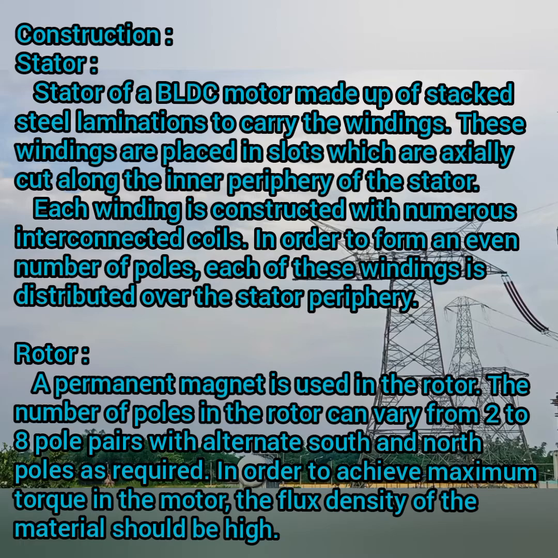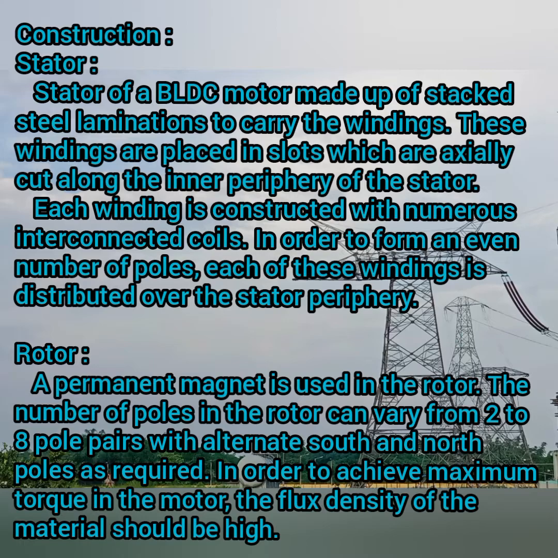These windings are placed in slots which axially cut the internal periphery of the stator. Each winding is constructed with numerous interconnected coils in order to form an even number of poles. Each of the windings is distributed over the stator periphery in order to spread out the flux.